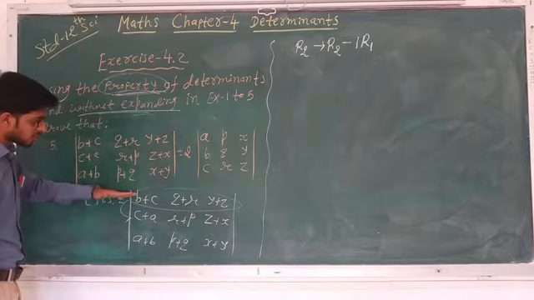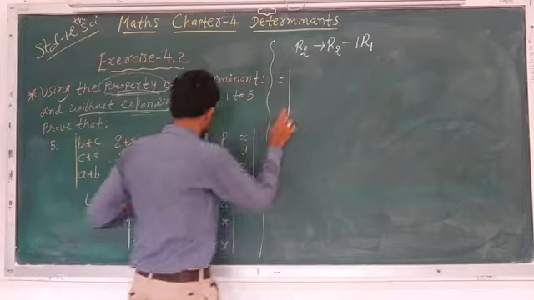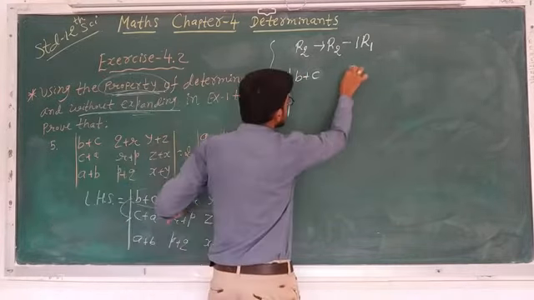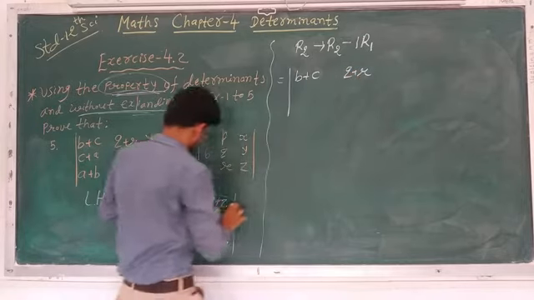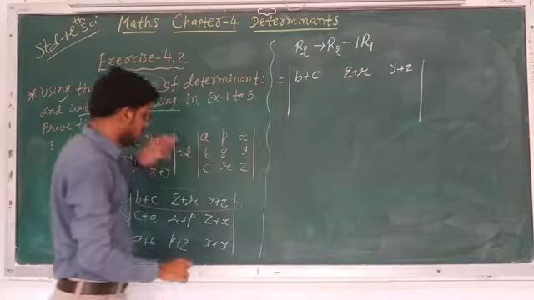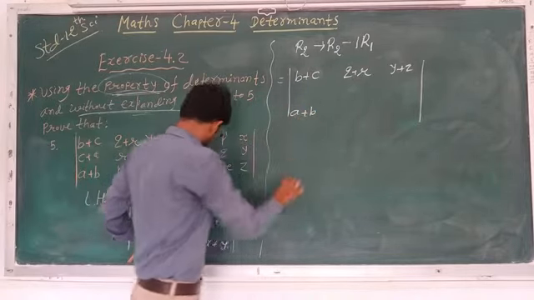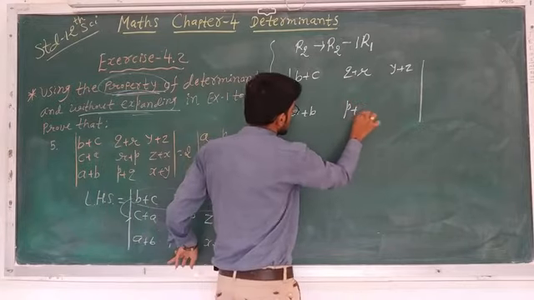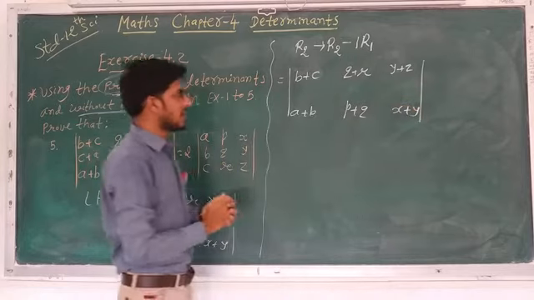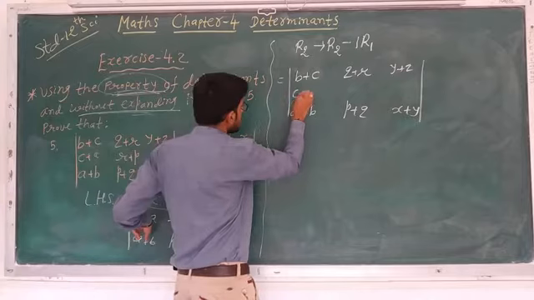Okay, so the first row and third row stay as they are. First of all we will write down the first row: b plus c, q plus r, y plus z. Same thing, the third row: a plus b, p plus q, and x plus y. So what about the second row? First of all write down c plus a as it is, c plus a.